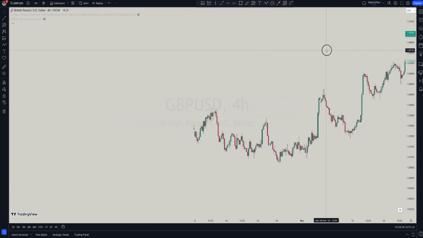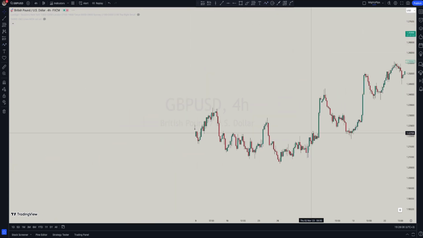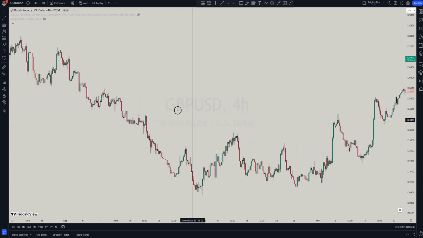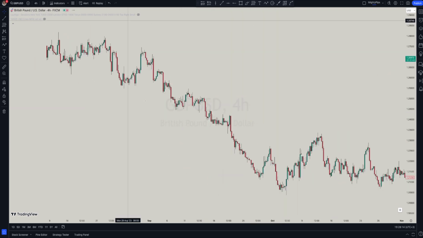Let's begin from here. You can see that the market in this example is creating a low, then a lower high. This low is not very significant, but this is the low because it takes out the previous low.